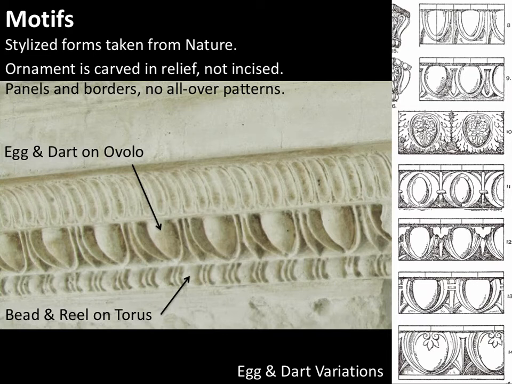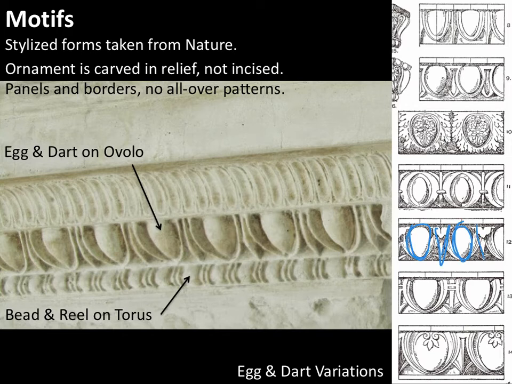Here we have a beautiful piece of carved molding. There you have an egg and dart on the ovalo that's been carved in. And I've included on the right-hand side numerous drawings of what that egg and dart would look like. It is an egg shape with a dart in the middle.